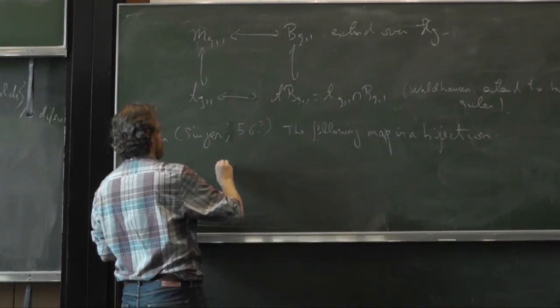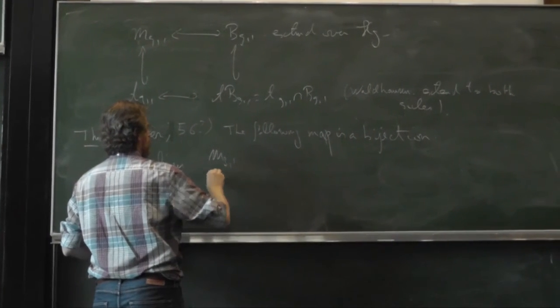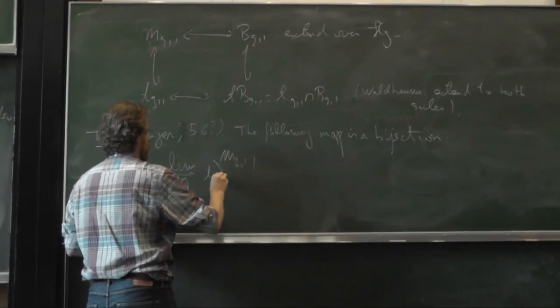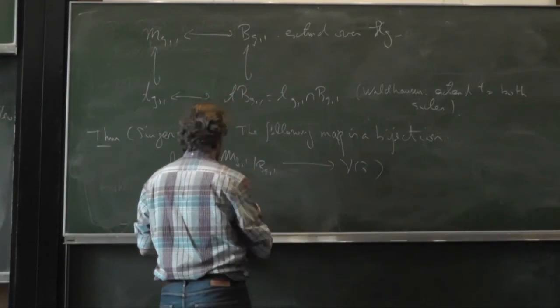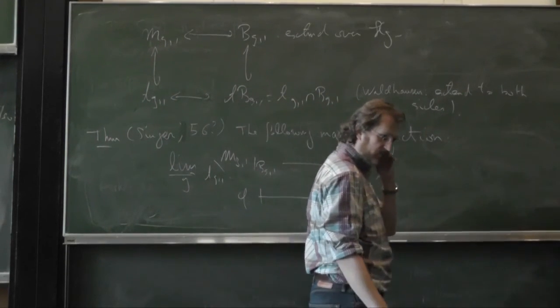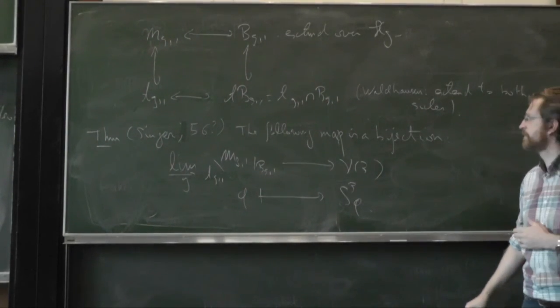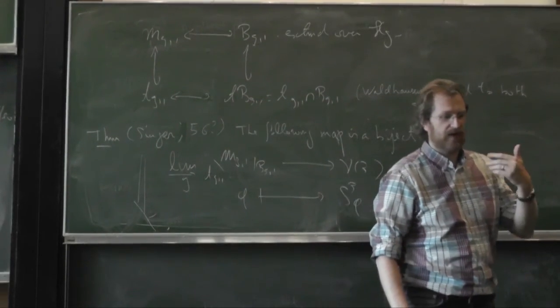You take the limit of the double cosets A g,1 backslash M g,1 slash B g,1, and this maps to V3. So it is well defined and it is a bijection.